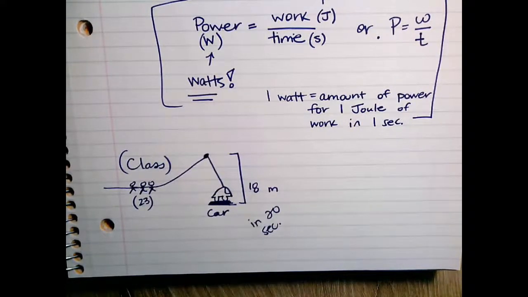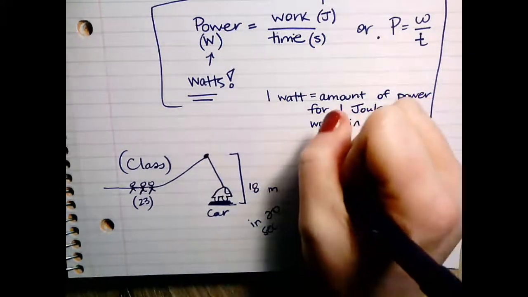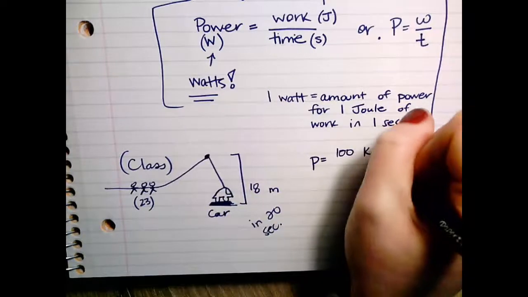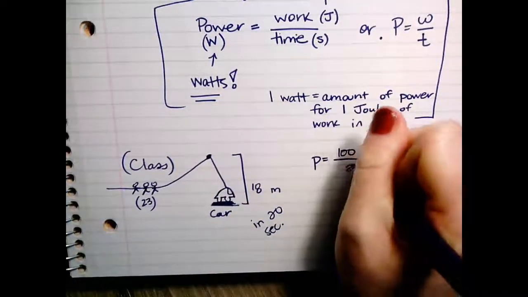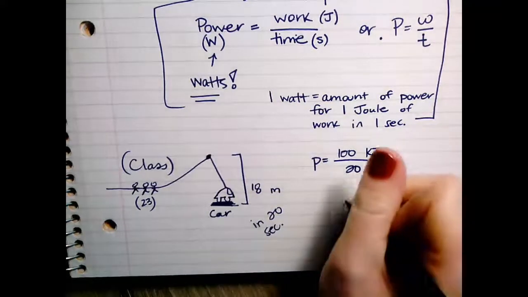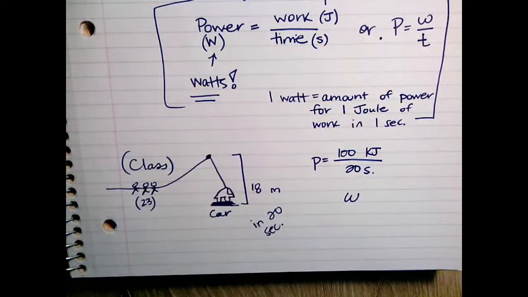Now, one thing that you guys need to keep in mind is we would be using a lot of different units here. So I'm going to write some formulas over here real quick. So 100 kilojoules divided by 20 seconds. So the time is 20 seconds. We know that power is the work divided by the time.